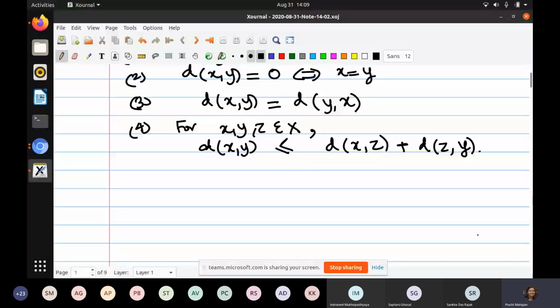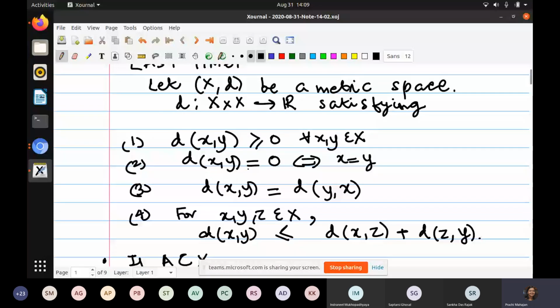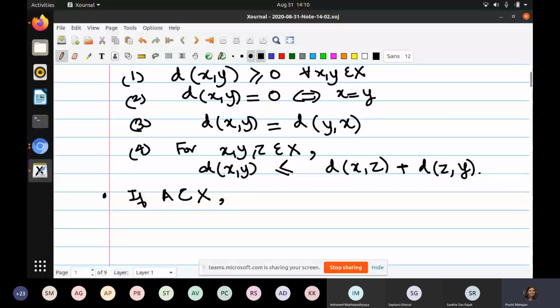I'm working under the assumption that (X, D) is a metric space, and I'm considering a subset of X. If A is a subset of X, then this function D, which is defined on the product space X cross X, we can consider the restriction of D to the space A cross A. So (X, D) is a metric space; I am not writing it again and again, but that is the standing assumption.